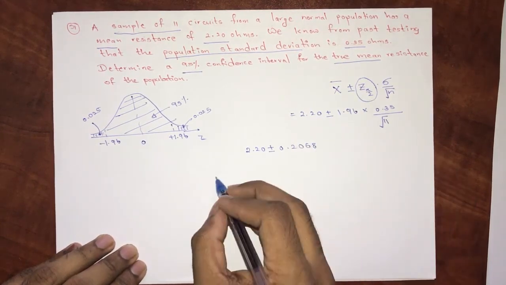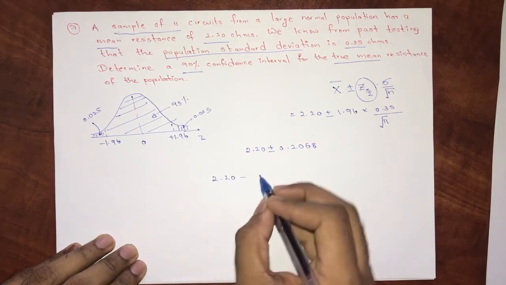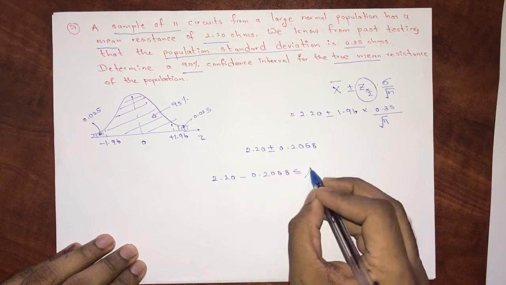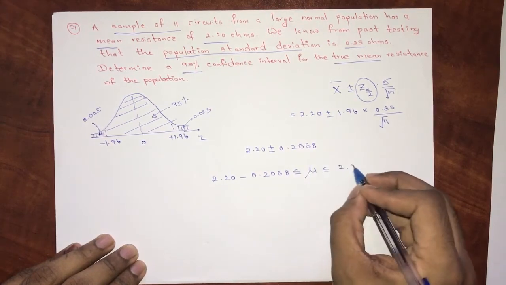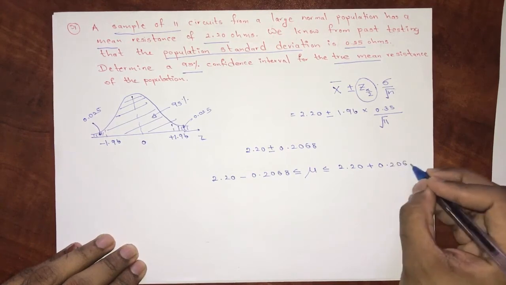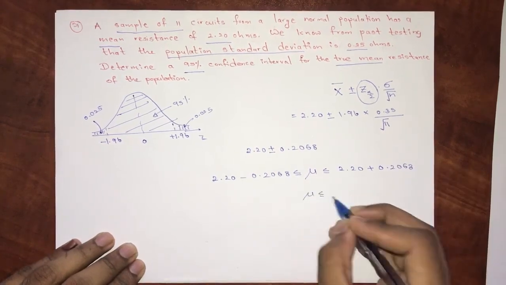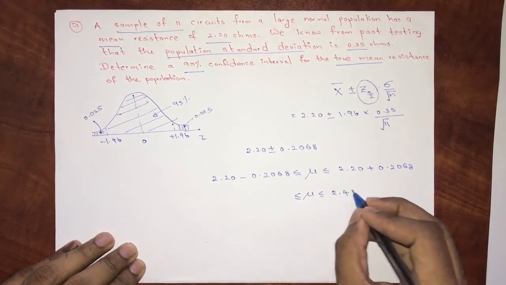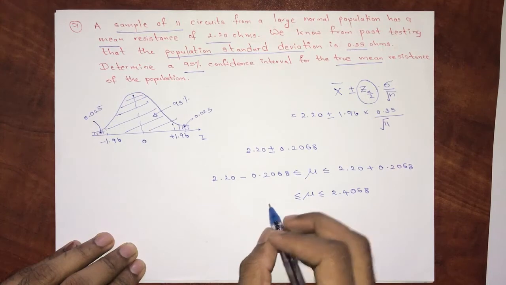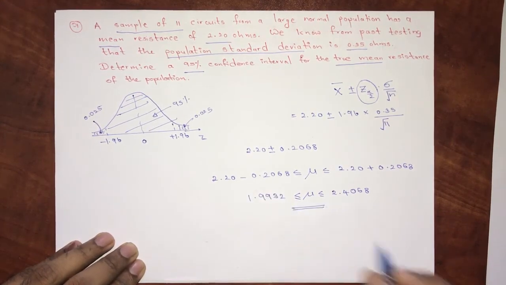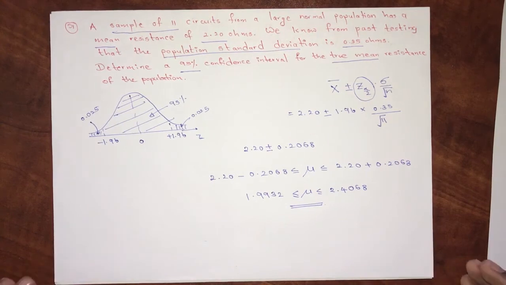Therefore the two values would be 2.20 minus 0.2068 and 2.20 plus 0.2068. So your population mean or your true mean would lie in between 1.9932 and 2.4068. So how do we interpret this?